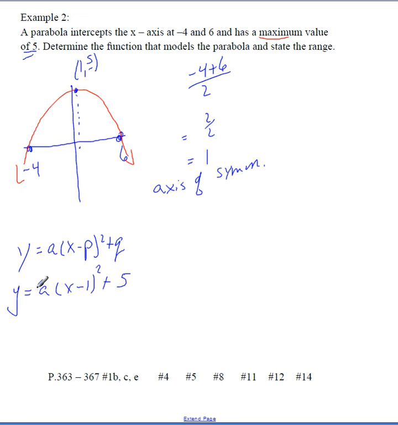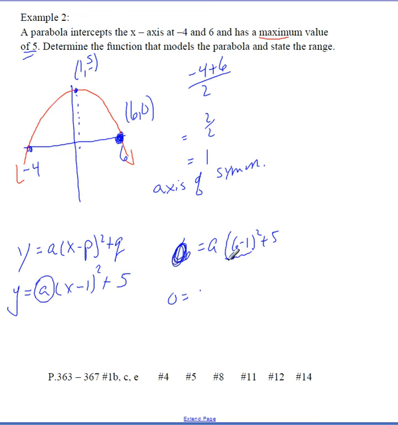Now the only thing we don't have is the value of a, so we put an x and y pair back in. And perhaps one of the easiest pairs to pick, you could say, well, here's a point, 6, 0. So we put this back in. Oops, the y value there should have been 0. The x value is 6 subtract 1 squared plus 5. 0 equals.